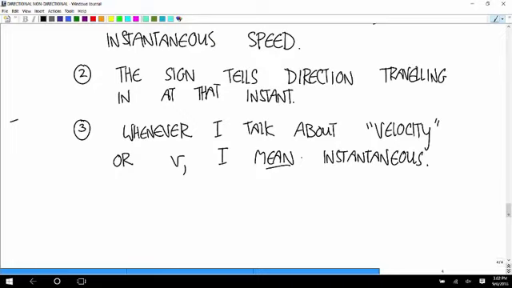If I'm ever talking about average velocity, I'll say that specifically. But this is going to be so much more important to us than average velocity that I'm just going to call it the velocity.